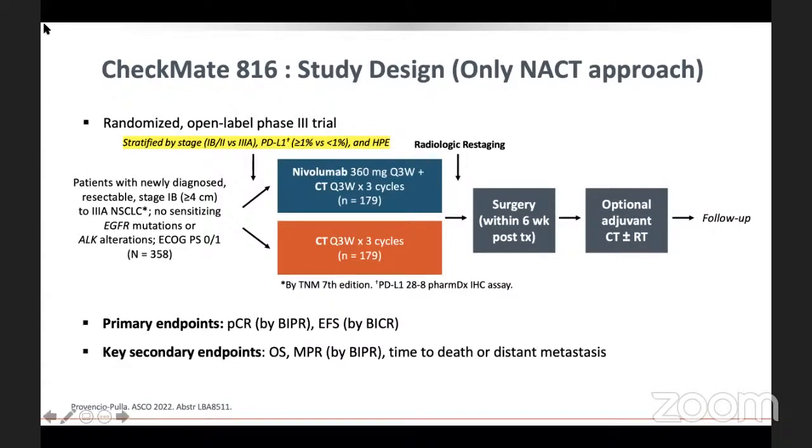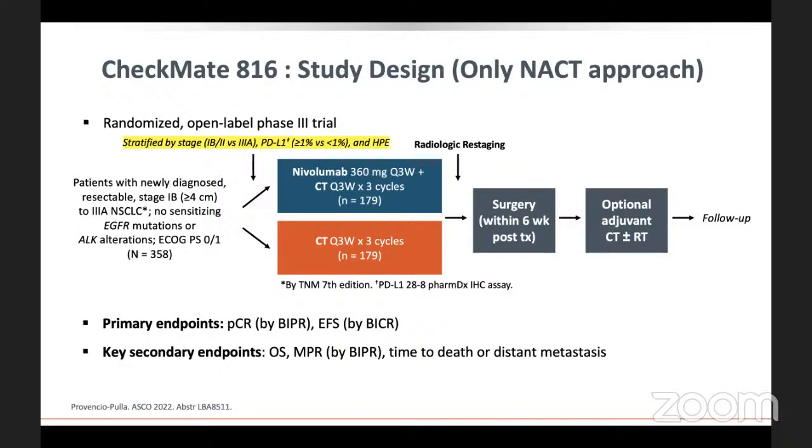It stratified patients by stage, PD-L1 and histopathology. Patients were randomized to nivolumab, or a combination of nivolumab with chemotherapy for 3 cycles, versus chemotherapy alone in the neoadjuvant setting, and then underwent surgery within 6 weeks of completion of neoadjuvant therapy.